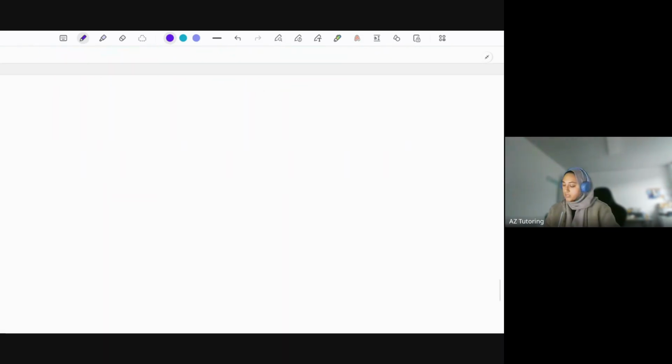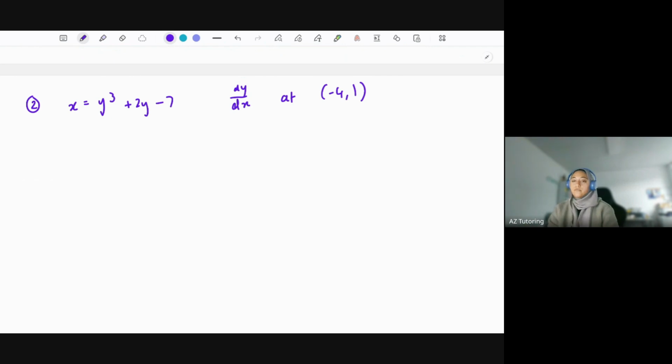Okay, let's do another example. This is a tricky example. So let's say x equals, so this time it's not y equals, x equals y cubed plus 2y minus 7. And the question says find dy over dx at (minus 4, 1).